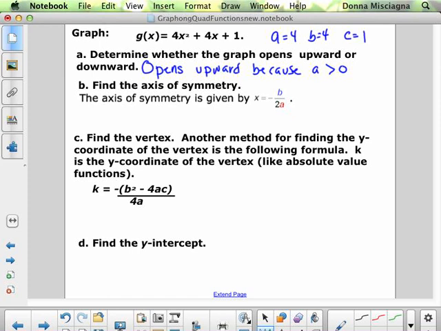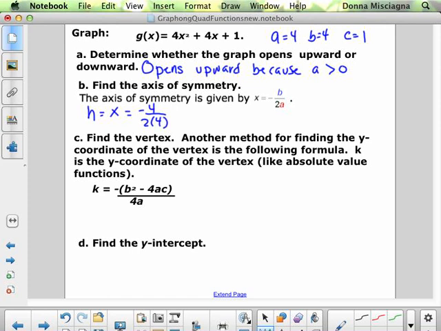Find the axis of symmetry. All right, and of course it's also the value of H in the vertex. So it's going to be negative 4 divided by 2 times 4.